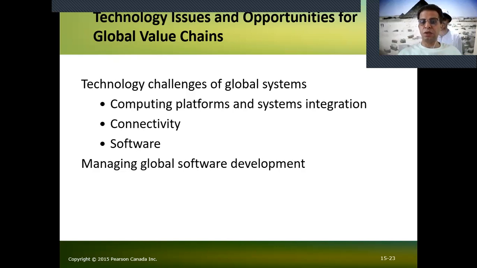Among the technology challenges of a global system are the computing platform and system integration: how you do the platform, how you do the integration between different systems, whether there is connectivity, and what kind of software you can utilize. And the other thing is managing global software development.